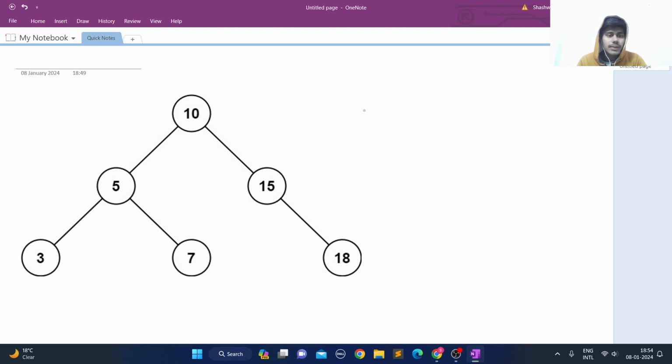So the question is asking that you have to find and sum all the values which are inclusive in that range, low and high. So okay, let's look. We'll start from the root. They have given you only the root. Then what you'll do, you'll go to the root and ask, hey root, are you in that range or not?